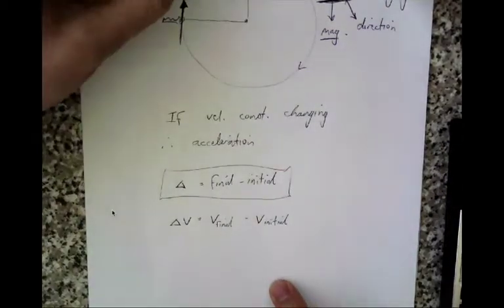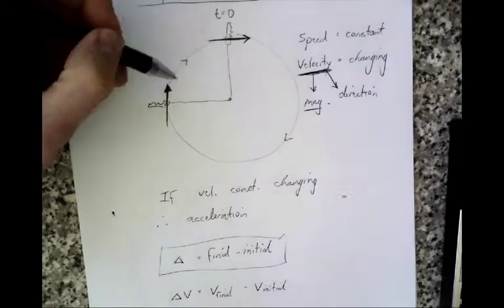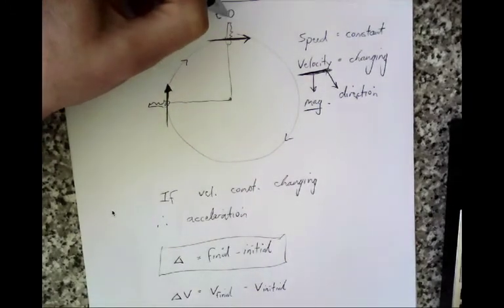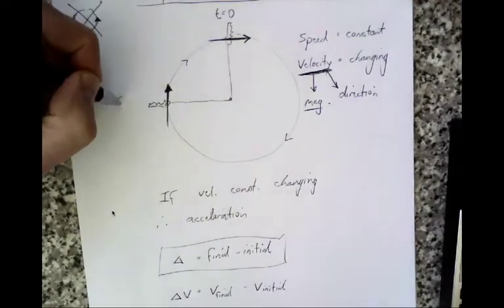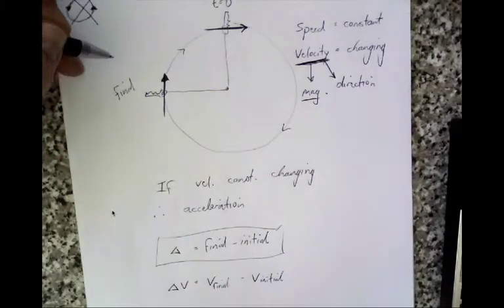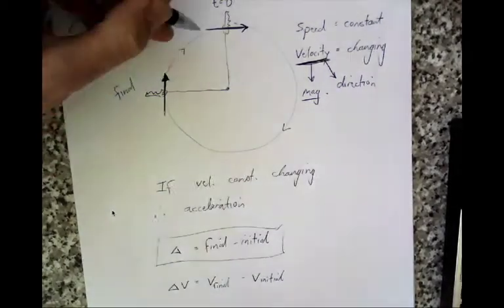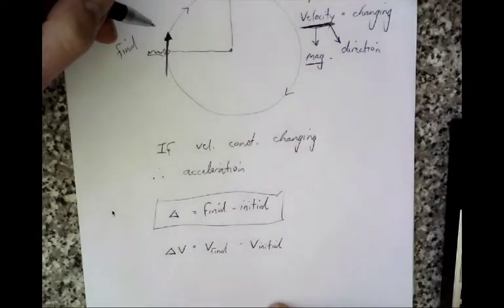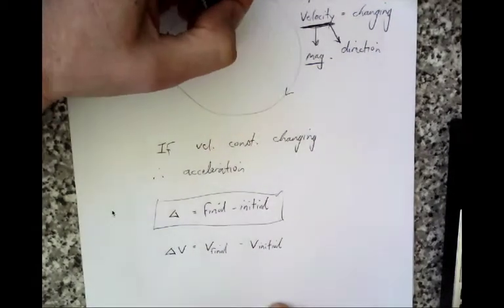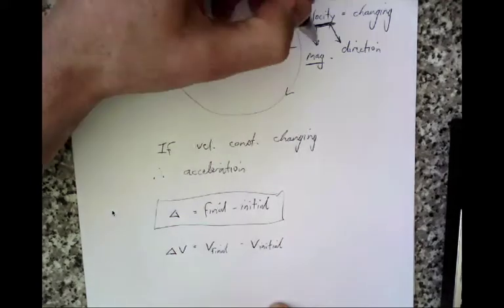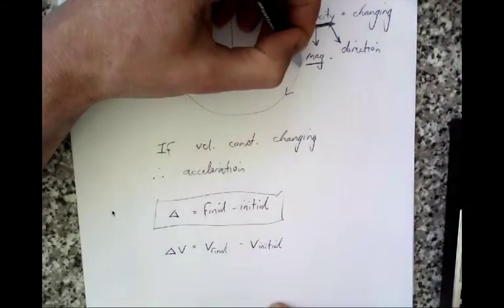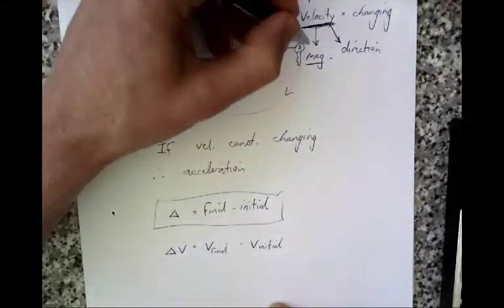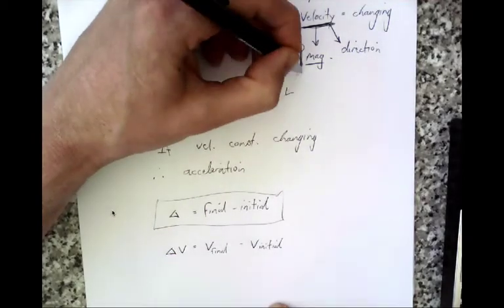If we're working with these two positions that we have here, we'll call this our initial and this our final over here. In fact, what we'll do is choose the position here, so we've gone through less of a turn. This will make our lives a little bit easier and make the description clearer.